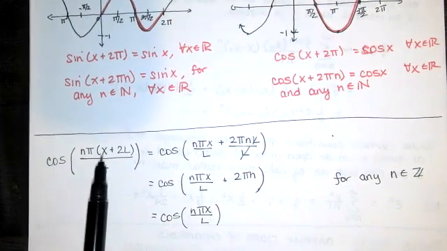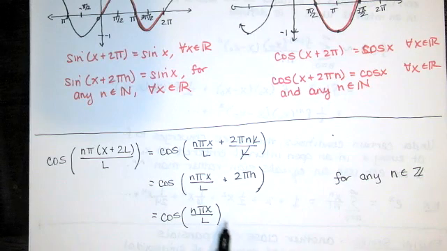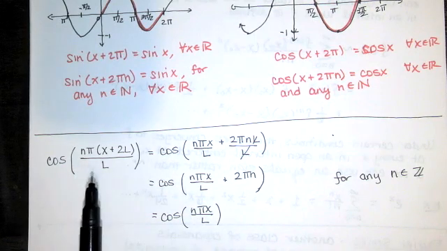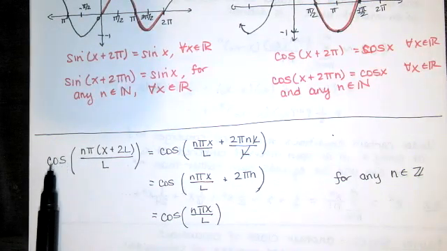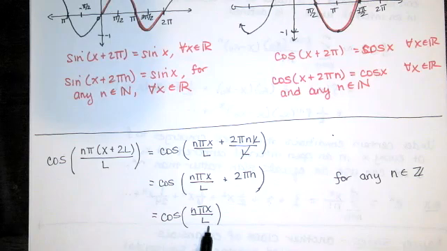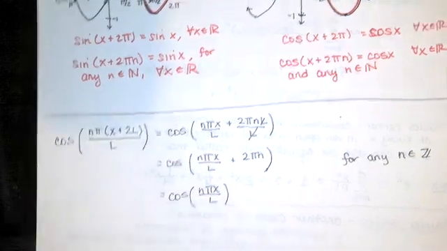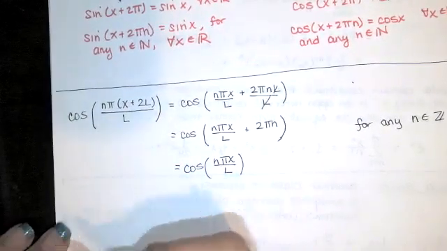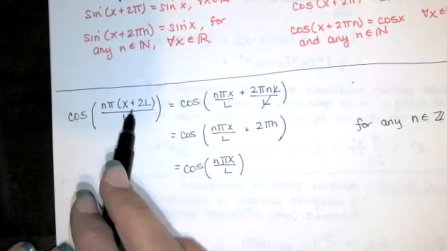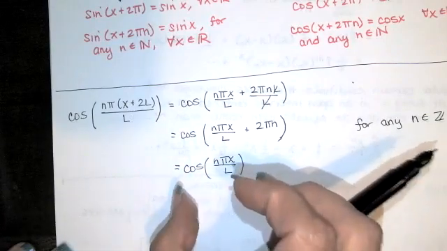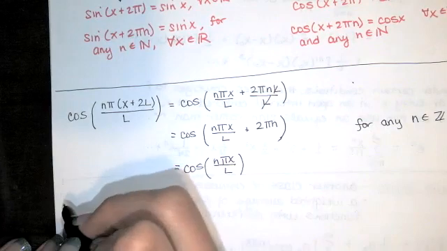Now notice that over here, I've replaced my x with x plus 2L. And over here, I just have the x. So what this tells me is that the period of this cosine of n pi x over L is actually 2L. Because if I replace x with x plus 2L, I get exactly the same function back.